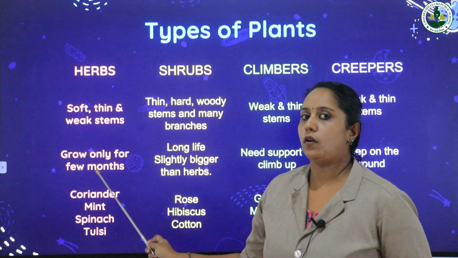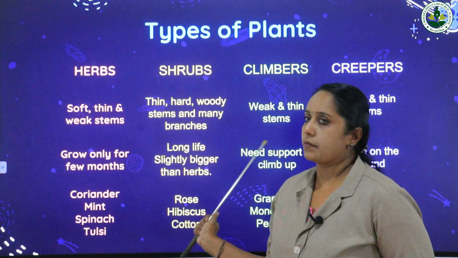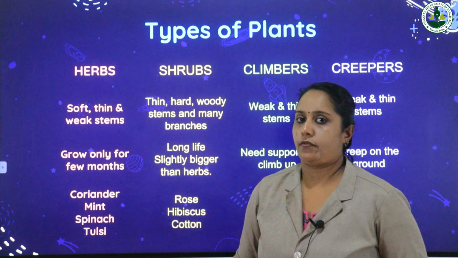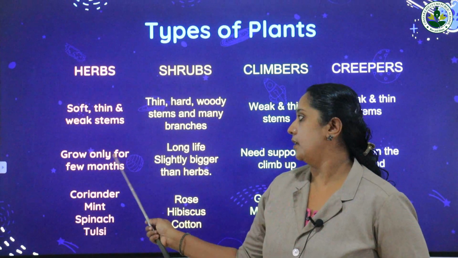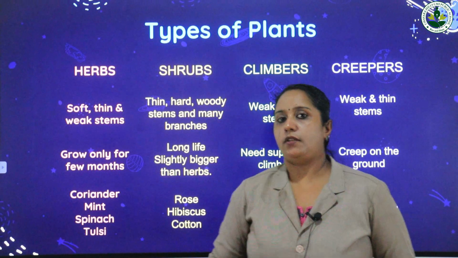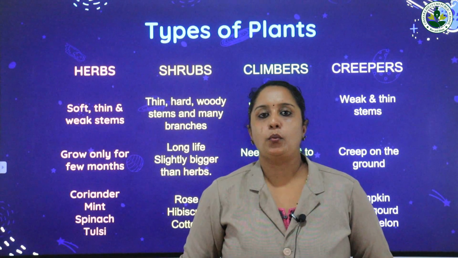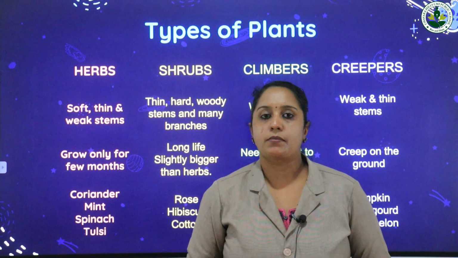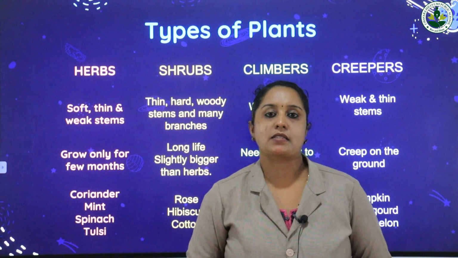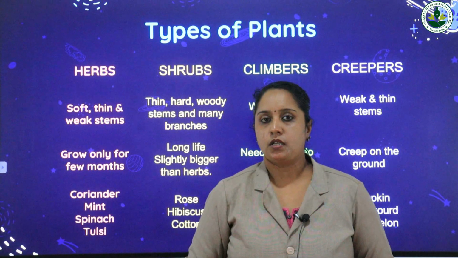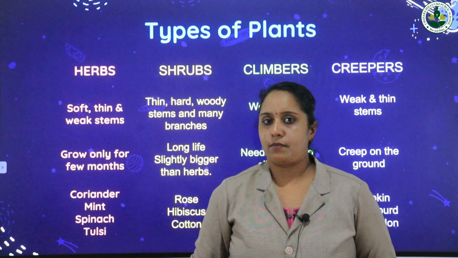Herbs grow only for a few months. Shrubs, climbers and creepers have more life and are slightly bigger than herbs also. The common specialty is that they have weak and thin stems. Climbers climb along other plants, whereas creepers creep on the ground. We also saw the different examples.